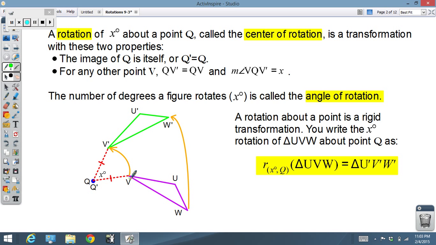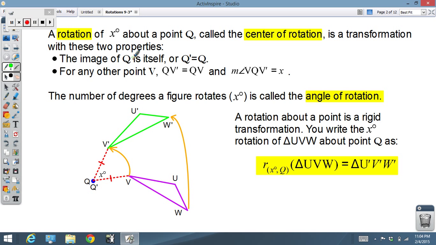Every point on the original pre-image UVW gets rotated the same number of degrees. I've drawn the little red lines that show the connection between V and V prime. Anyway, a rotation involves a degree measure, x degrees, and a center of rotation, in this case called Q.